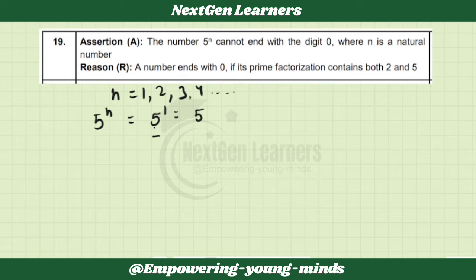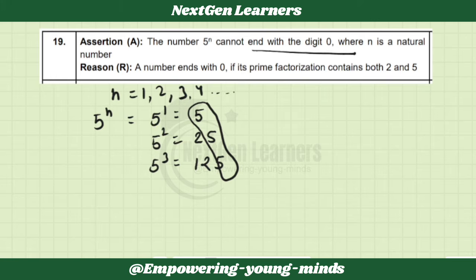If I write 5 power 2, that will be 25. If I write 5 power 3, it will be 125. So as we know, we are always getting 5 at the end, so this cannot end with 0, hence my assertion is true.